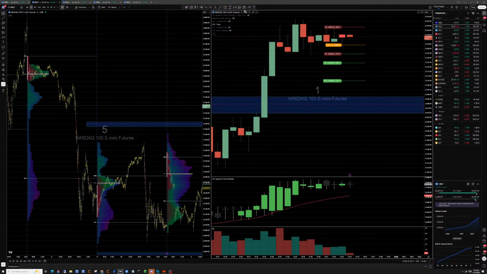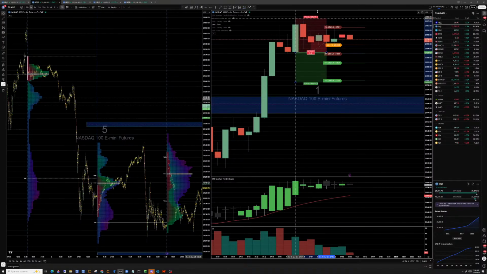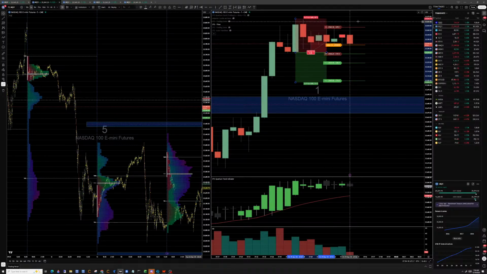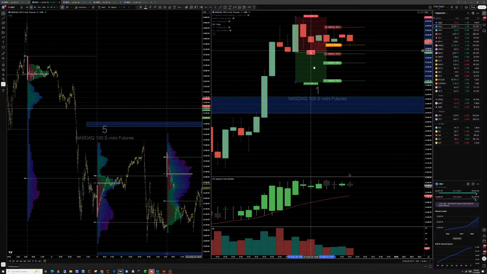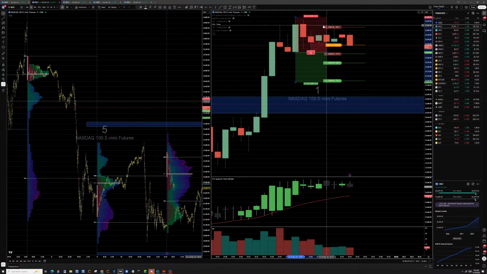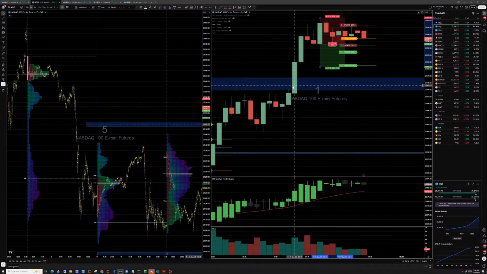But the problem was that the risk is too big. That's a 36-point candle, the risk was like $700-800. So I was saying the only way I'll be able to take this trade is if it pulls back. If it pulls back, then we could take the trade.